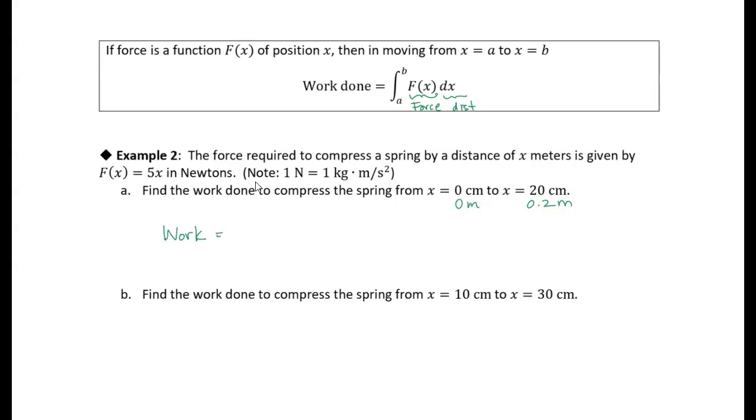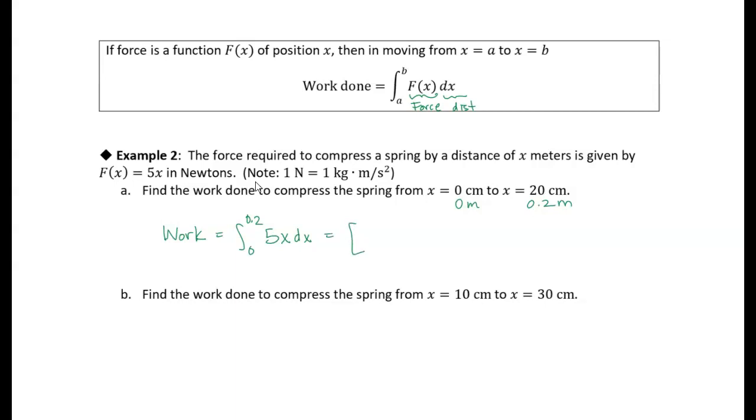Okay, so when we integrate the force, we're going to get the work. So work is equal to the integral from 0 to 0.2 of the force 5x through some infinitesimal distance dx. Now that we have it set up, it's pretty straightforward.